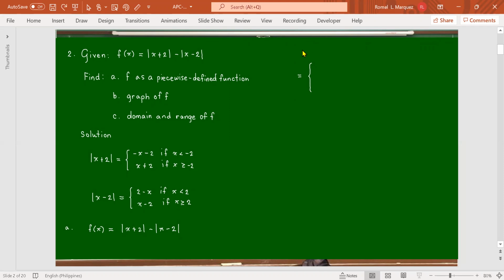When is it 0? When x is negative 2, no? What about absolute value of x minus 2 when x is 2? So meaning, the domain of this is subdivided into 3 subintervals or 3 subdomains. Okay?